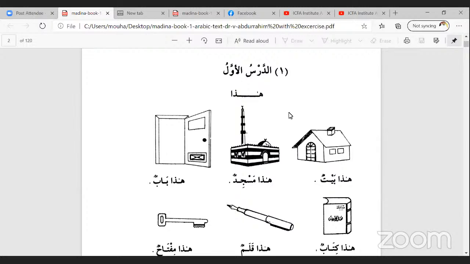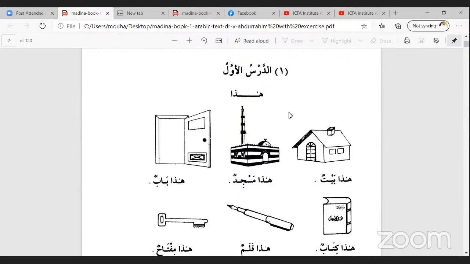Hada, which means this or this is. We will say why it could be this is. Hada is written as this. You see, ha, alif, dal, alif. But generally it is written without this alif after ha.